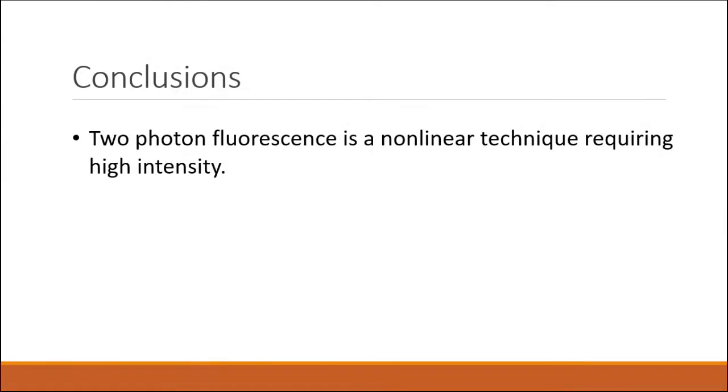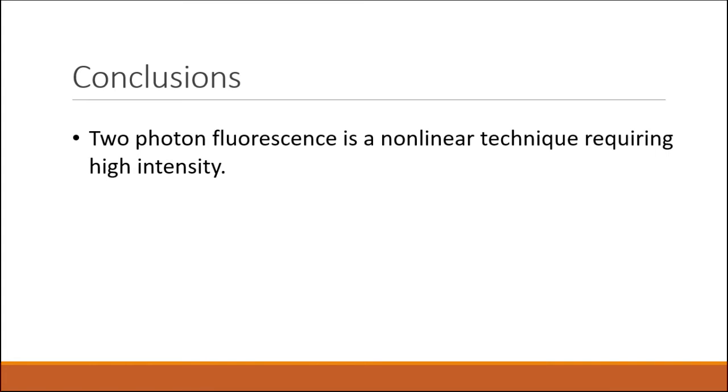To finish my talk, I review the take-home message. So we are creating a new technique that meets all the requirements. That is, two-photon fluorescence is a nonlinear technique requiring high intensity. It takes away all the limitations that we had in conventional fluorescence: low signal from background and long wavelength. But we have to use high intensity.